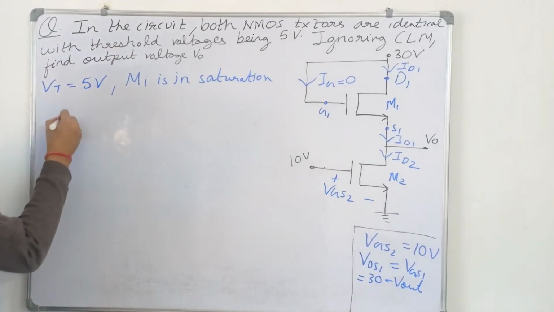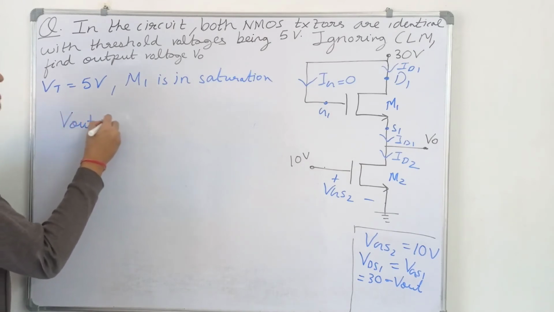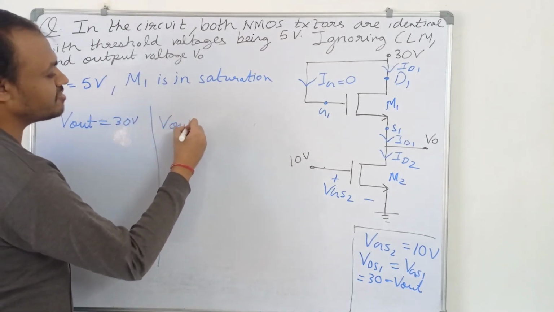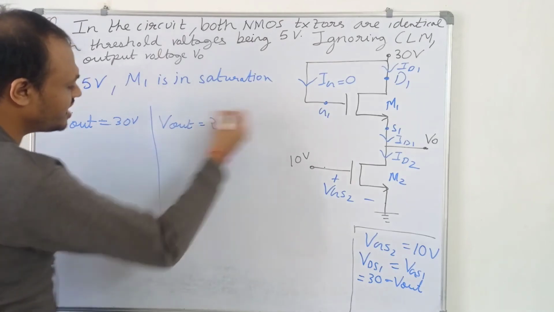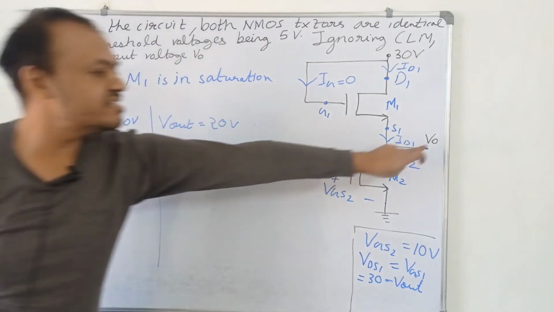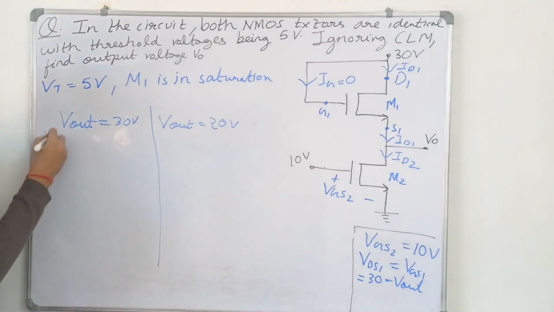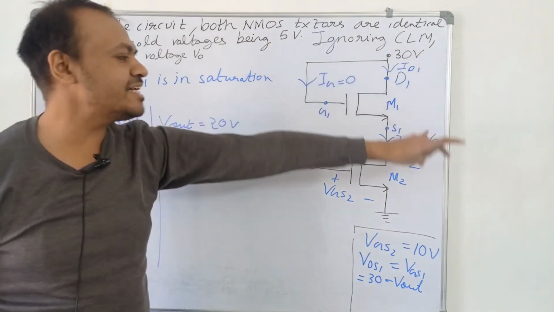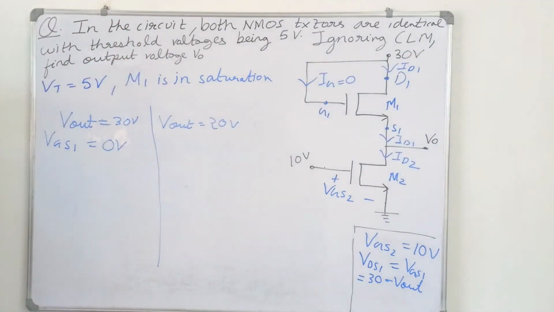Now we will check both conditions, Vout equal to 30 volt and Vout equal to 20 volt. If Vout is equal to 30 volt, then VGS1 will be equal to 0 volt, because the gate is also connected to 30 volt and the source of the first transistor is also connected to 30 volt.